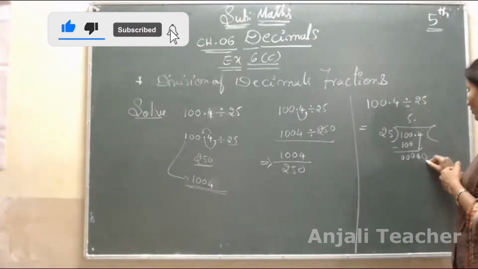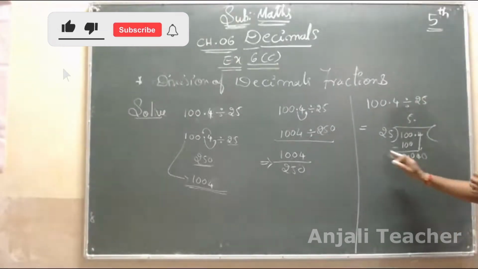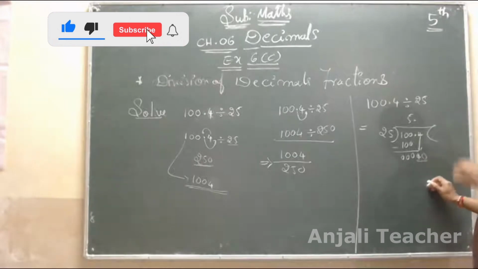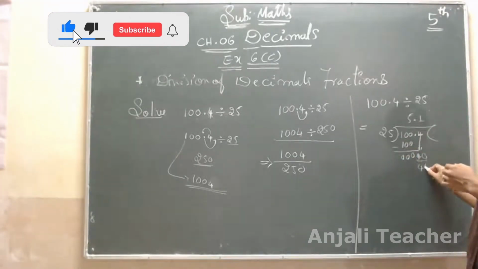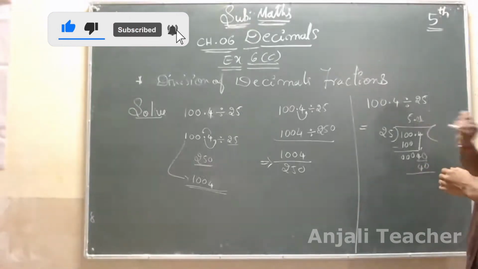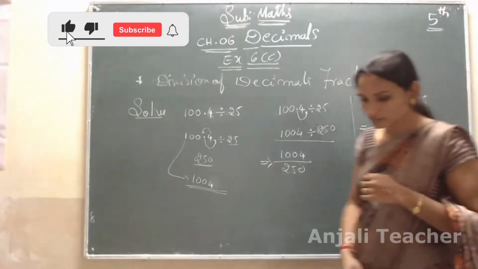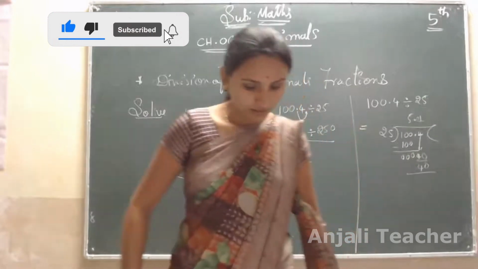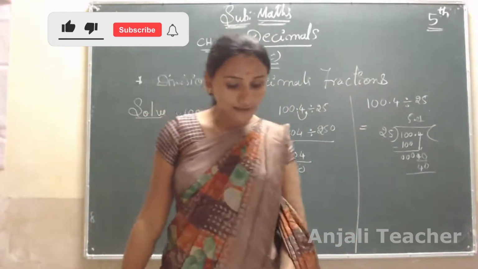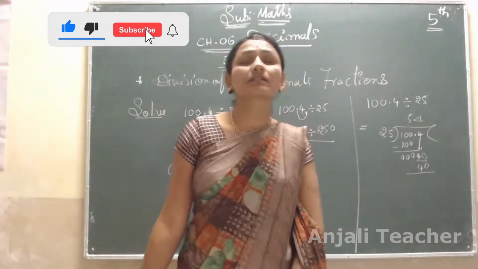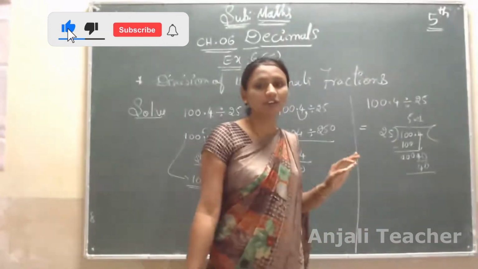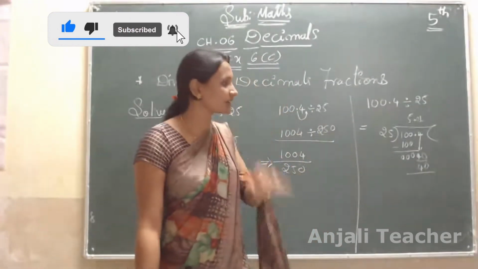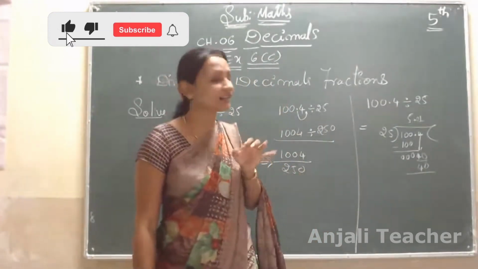So we must take the dividend with 0. So the value is 40. Since 4 is not a multiple of 25, you write the point and the 0. You must write them in the division.